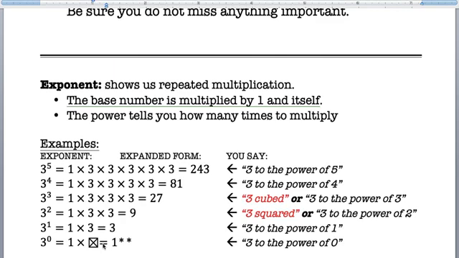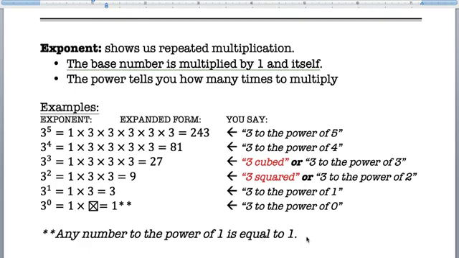Okay, so I repeat, 3 to the 0 power, or any number to the 0 power, just keeps the 1. It's not 0, because there's literally nothing that we are multiplying it by. The 1 just stays put. It doesn't do anything. So something important you want to write down in your notes is that any base number to the power of 0 is equal to 1.